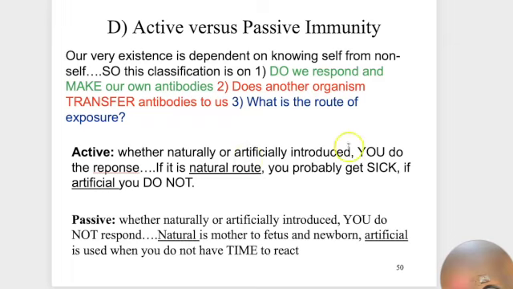You do the response. If it is the natural route, you probably get sick, and if it's artificial, you may or may not get sick. Passive, whether natural or artificial, you do not respond. Natural is from the mother. It passes on, even with breastfeeding, some of the natural immunity to them. Artificial is used when you do not have time to react.